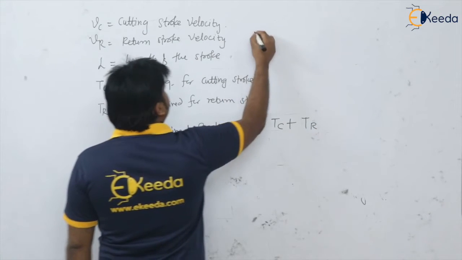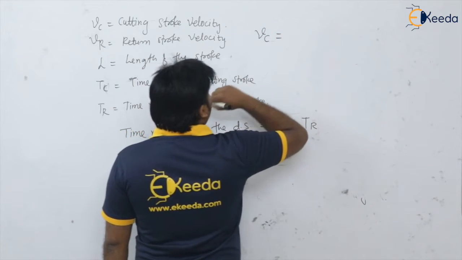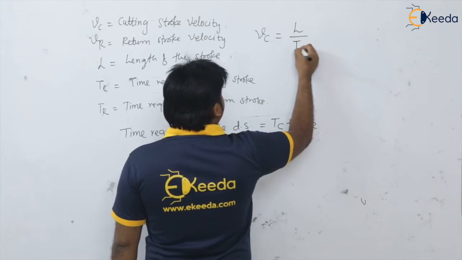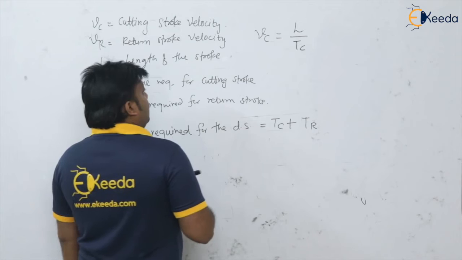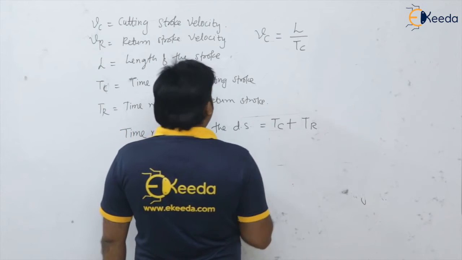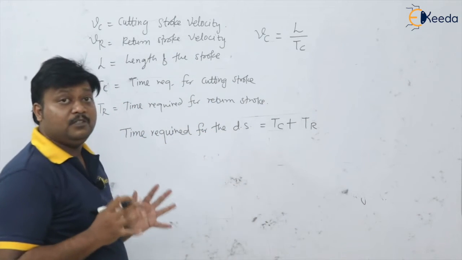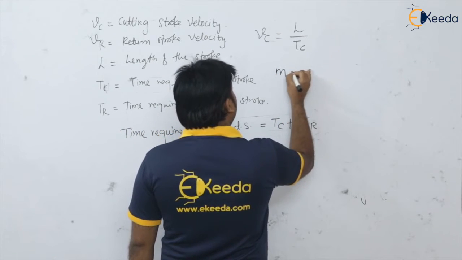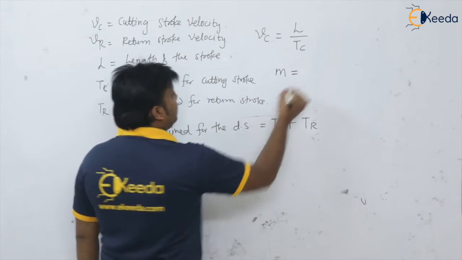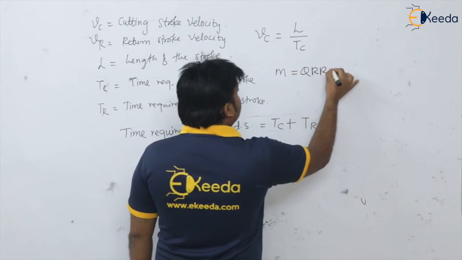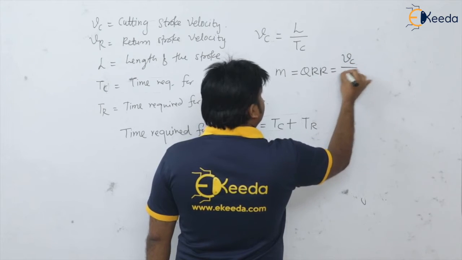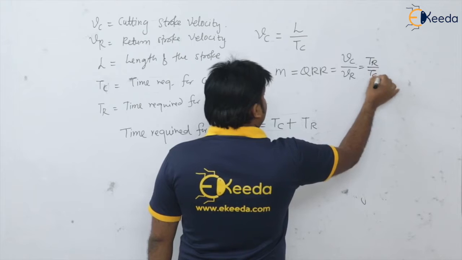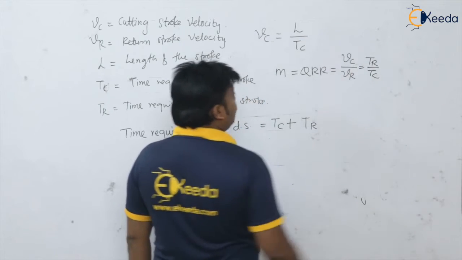TC is the cutting time, then tell me what will be the cutting speed or velocity I can write? Distance L divided by time, cutting time TC, isn't it? And of course here we are using the Whitworth quick return mechanism. So there will be the quick return ratio, say small m is the quick return ratio, which is equal to either cutting velocity by return velocity or return time by cutting time, because now we know velocity is inversely proportional to the time.